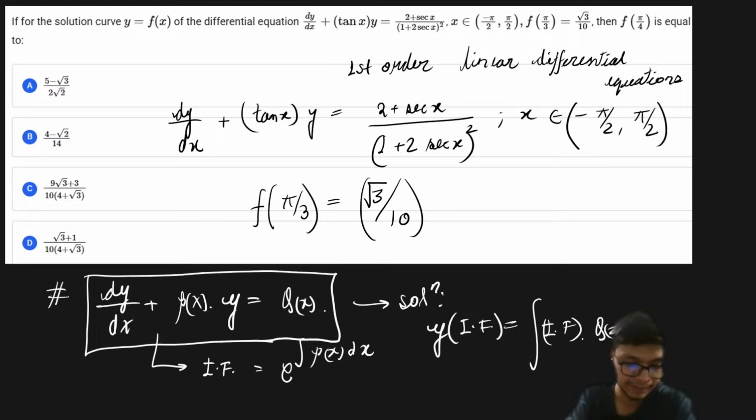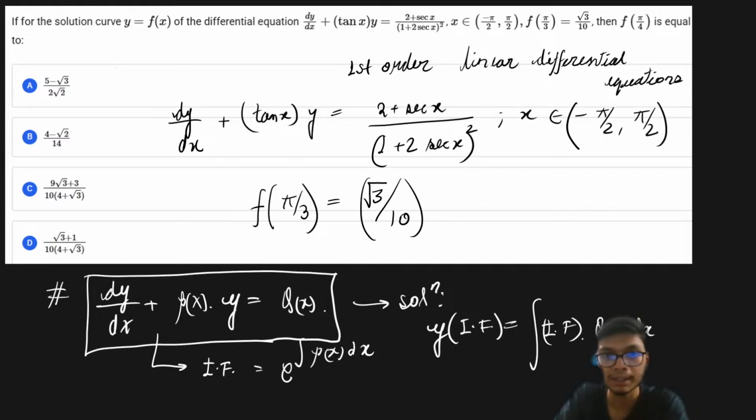So how do we find the integrating factor? The integrating factor is e to the power integration of p(x) dx, and as per the question p(x) is tan x.